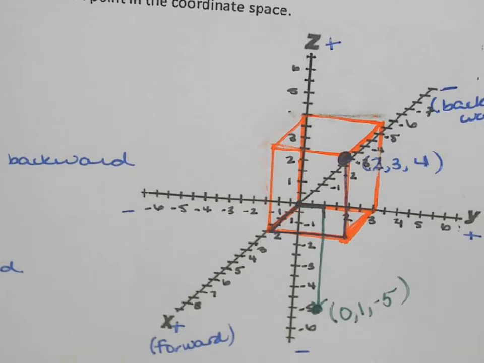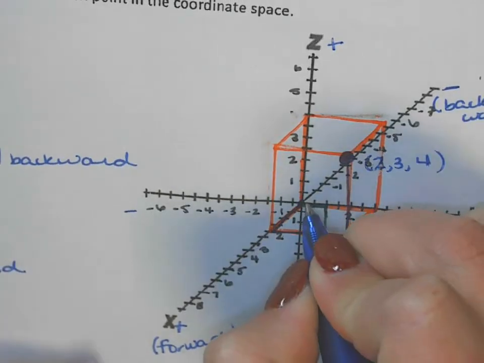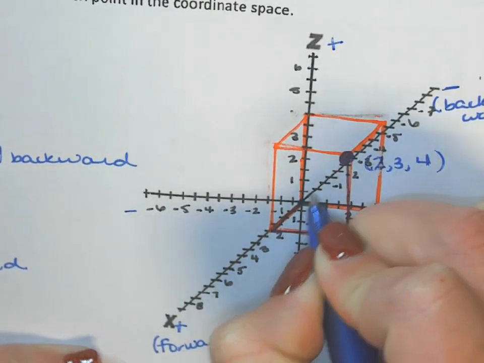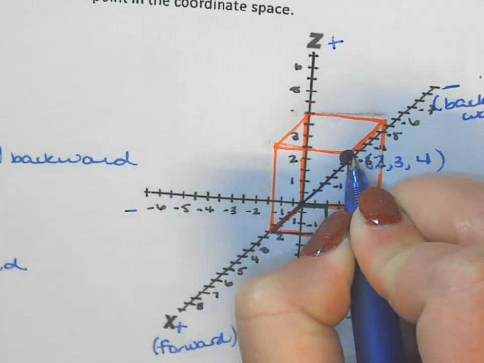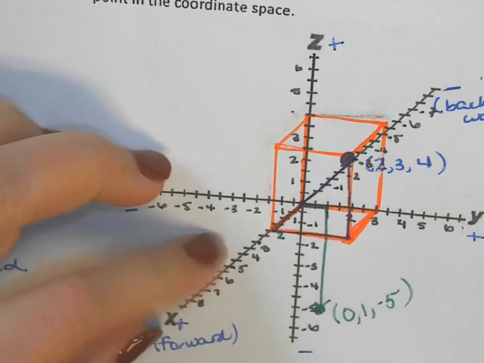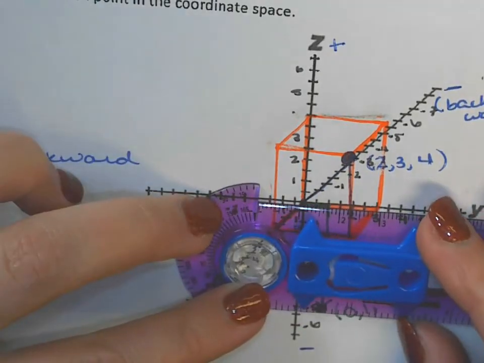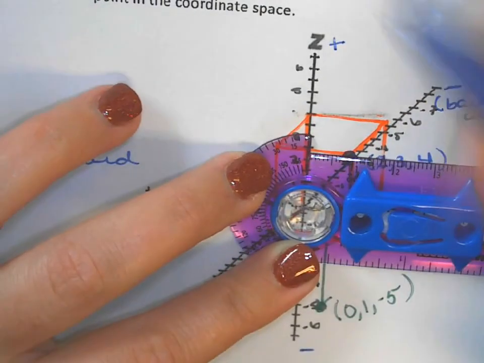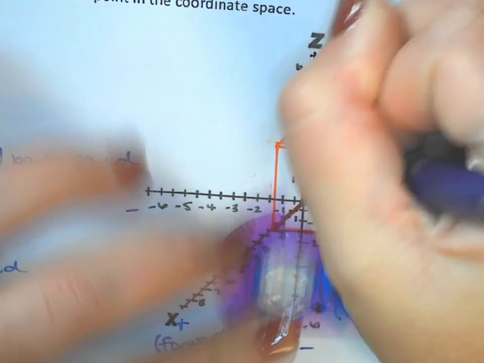Okay. Now the very last one I'm going to draw in there as well. I'm not going to draw it as a box. I'm going to show you how you could also do this without drawing a box. Going 3 back, so backward 3 is to here. 2 to the left. You're going to have to kind of measure this. It's about a centimeter, so I'm going to go about a centimeter to the left here.